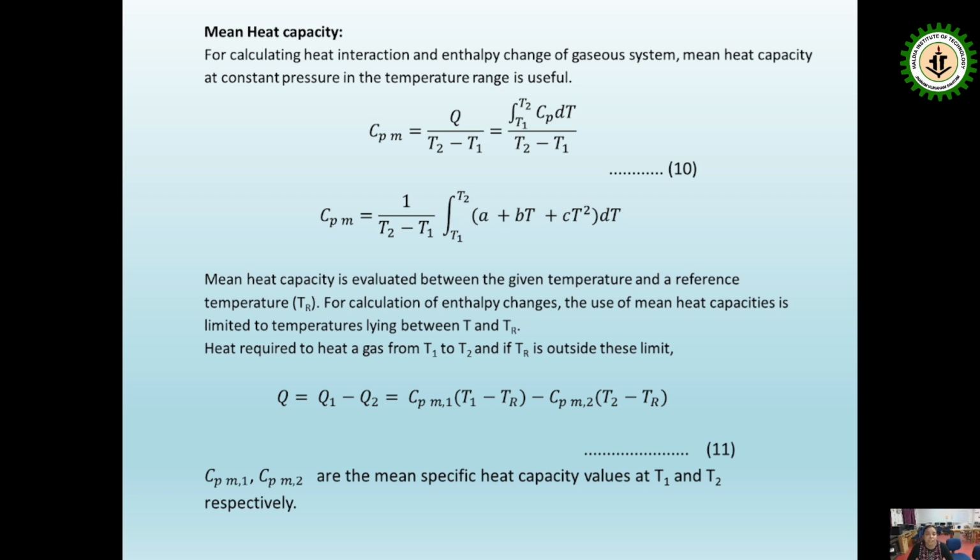So mean heat capacity is expressed as Cpm, and Cpm, the mean heat capacity, is equal to Q by T2 minus T1, and that is equal to integration T1 to T2 Cp dT by T2 minus T1. So again we can write 1 by T2 minus T1 integration T1 to T2 (A plus BT plus CT square) dT.